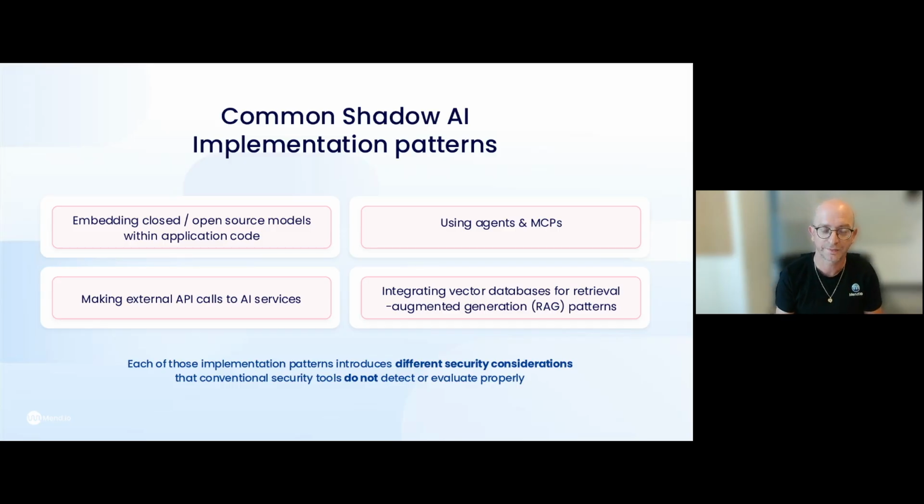So all of these are the most common implementation patterns of shadow AI, and each of these patterns has different security considerations. I've mentioned some of them, but the biggest issue is the fact that none of them can be addressed, monitored, and secured by traditional application security tools.